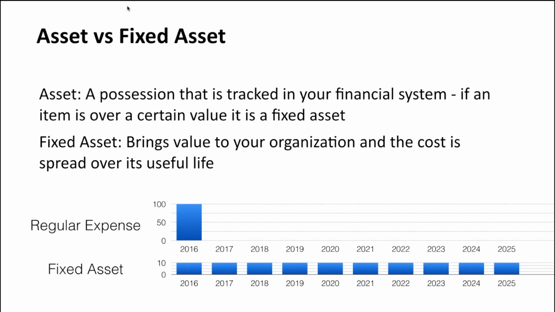And the item is going to be used over a longer period of time. It's not really disposable. It's not temporal. It's something that actually has value and it's going to bring value to your organization over a long period of time. So that is essentially what a fixed asset is: something that's over a certain threshold of cost that will be spread out over a longer period of time and brings value to your organization.